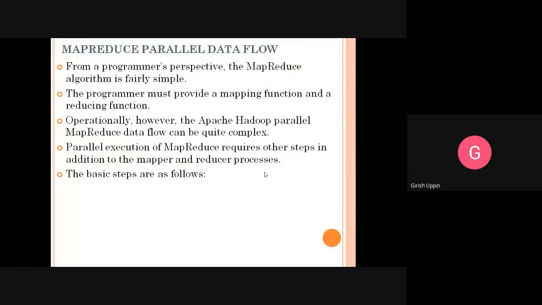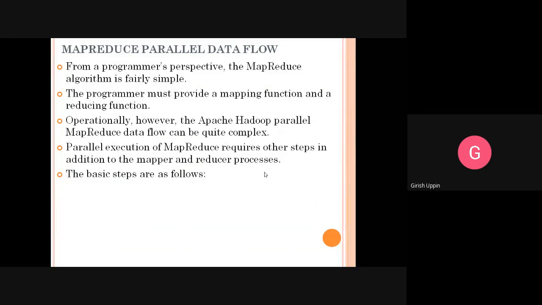From the programmer's perspective, the MapReduce algorithm is fairly simple. We have already understood that map does a kind of filtering or sorting on the data and generates key value pairs, and the reducer program works on the output of the mapper and consolidates it. So the reducer is a consolidating functionality.